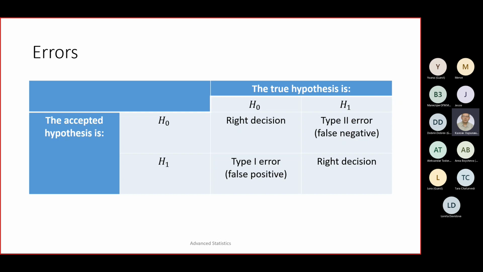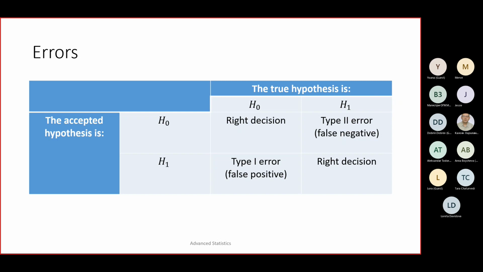But for this example, I also think that type 2 error is more dangerous for the population as a whole.